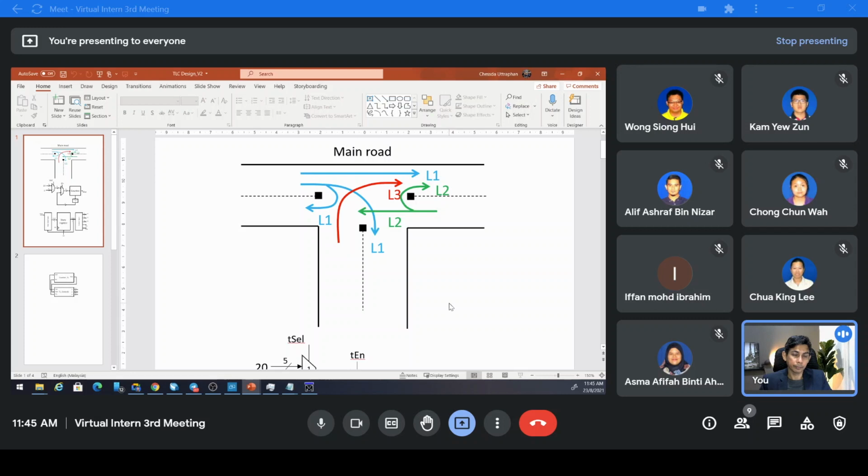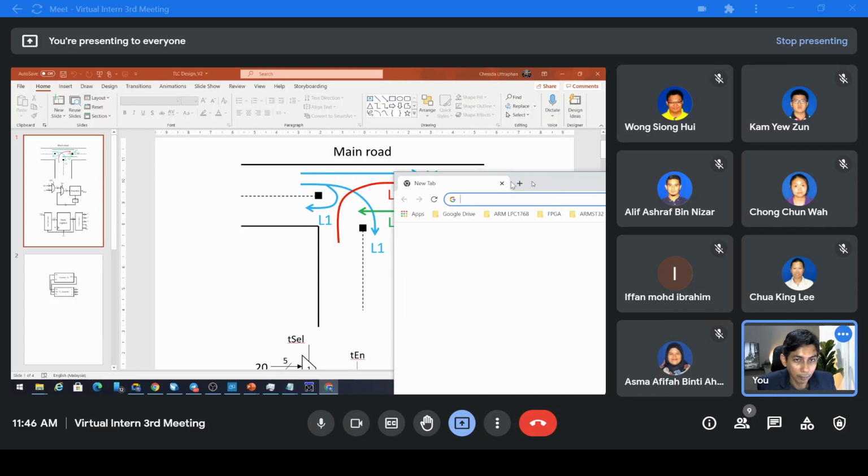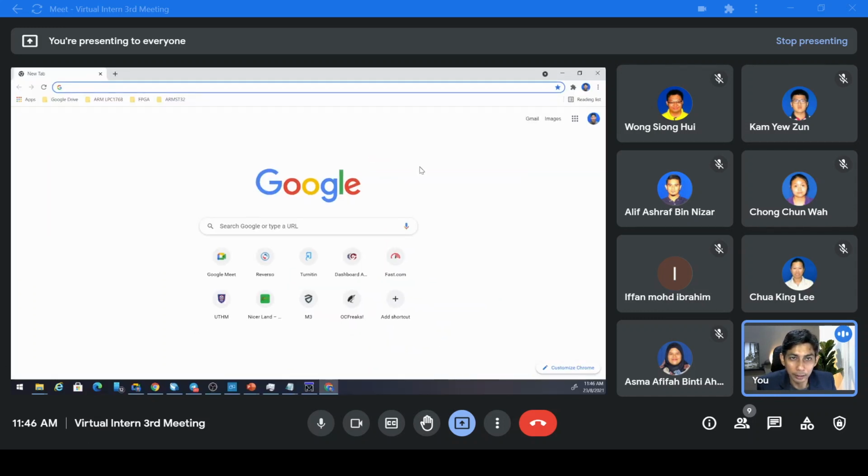All right. If you look at the controller, right? So let's see a little bit. Do you know where the controller of the traffic light is located at the traffic light?